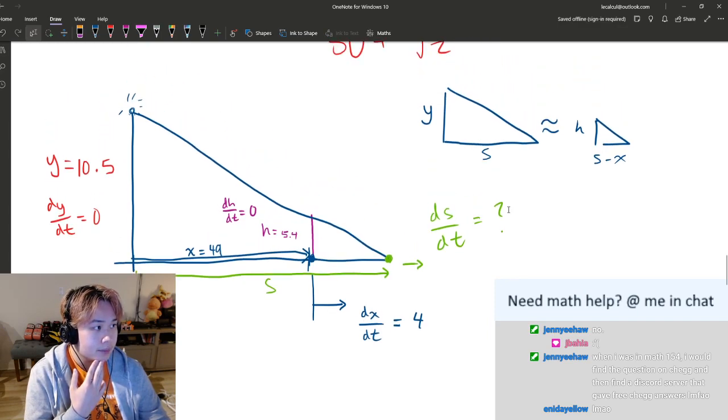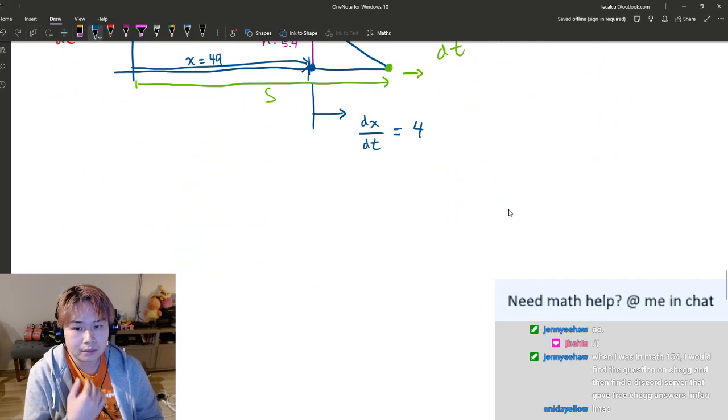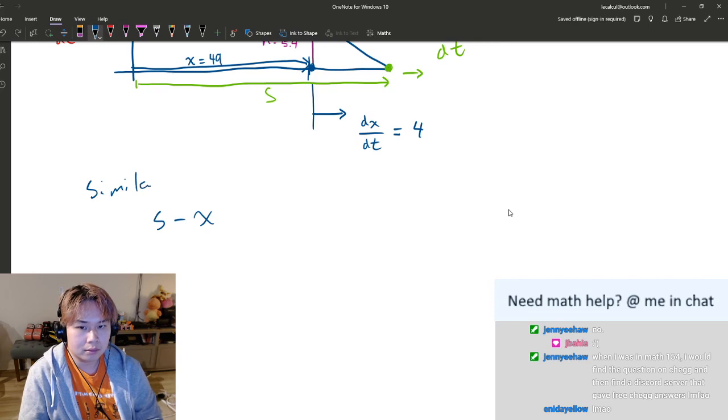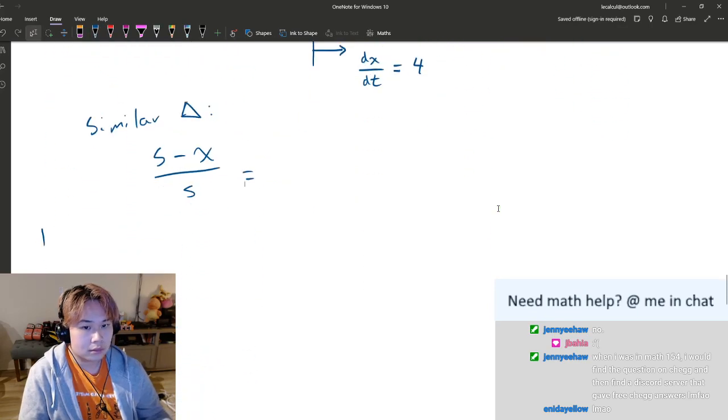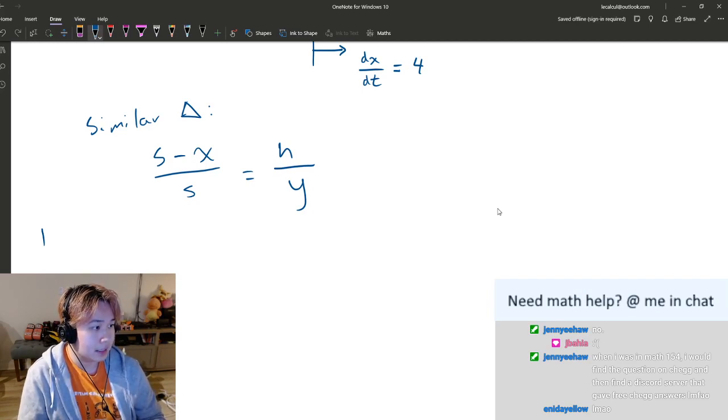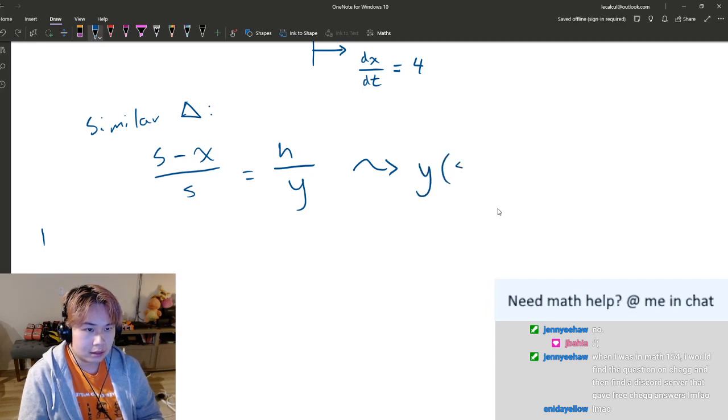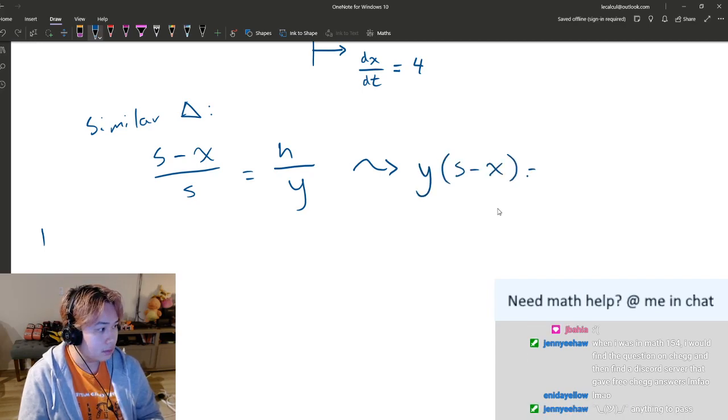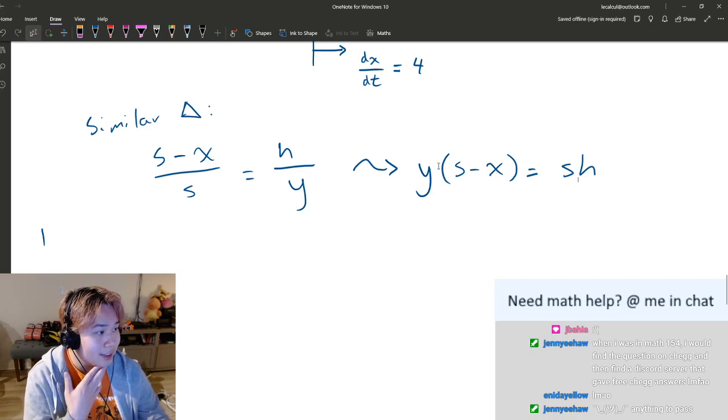So now, if we're using similar triangles still, it should be this instead, which is going to be rewritten as this, just because this is easier to take the derivative of.